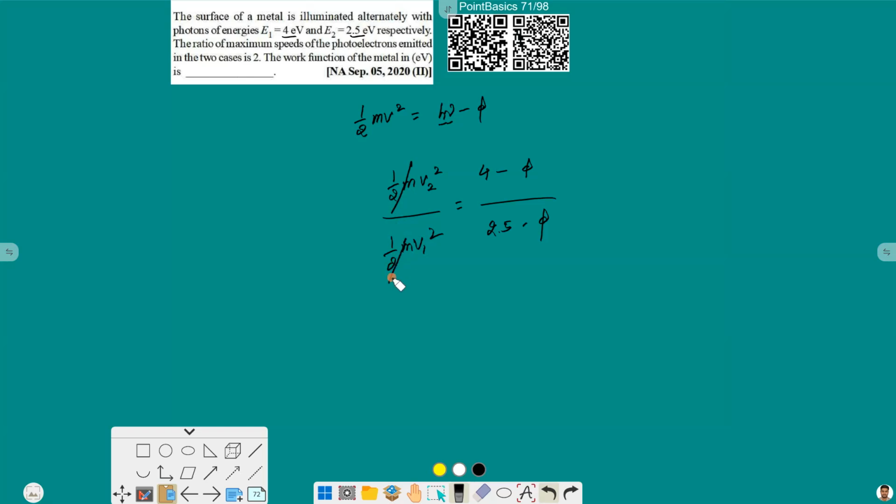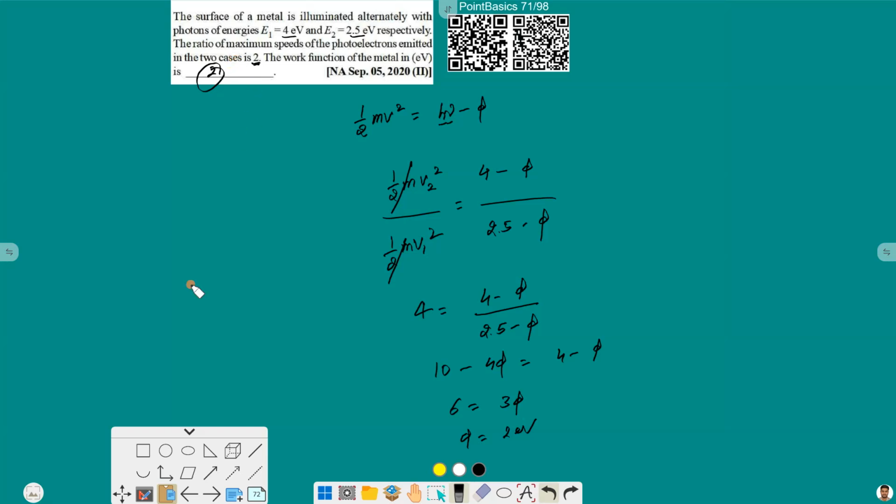So half m gets cancelled. Now v2 by v1 is given 2, and whole square will give us 4. So 4 is equal to 4 minus phi divided by 2.5 minus phi. This will give us 10 minus 4 phi is equal to 4 minus phi. So 6 is equal to 3 phi, and phi is equal to 2 electron volt. So answer to this question is 2.